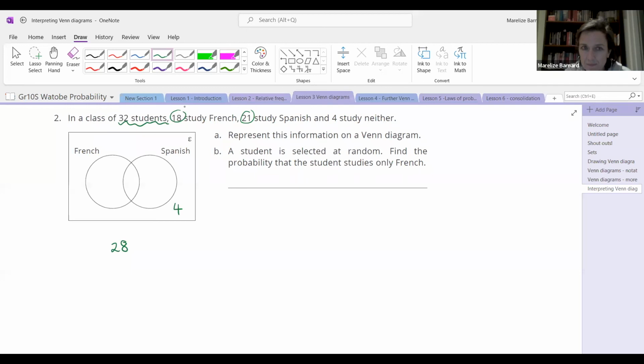So what we're going to do here, we're going to see 8 plus 4 plus x equals 32. Take our values to the other side and say 32 minus 18 minus 21 minus 4, which is going to give us, and then we're going to put our 11.